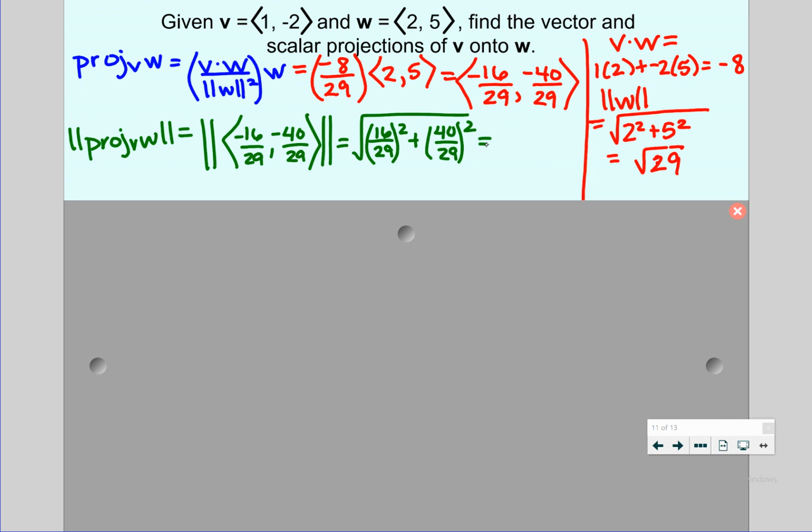And then I'm just going to round to a couple of decimal places, and I get about 1.49. So that's the length of that vector.